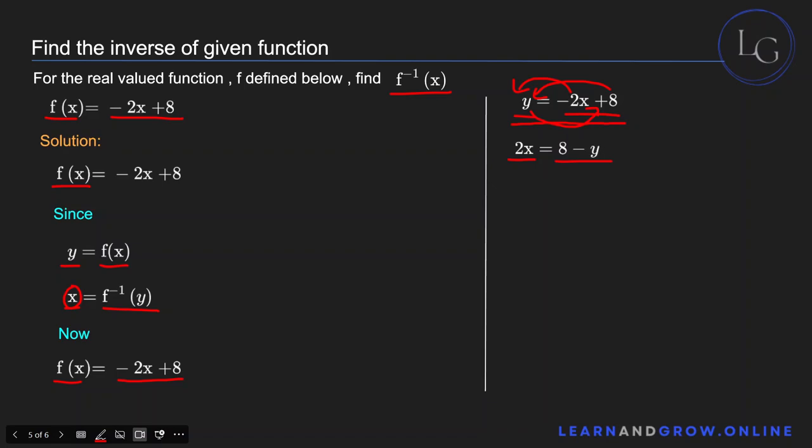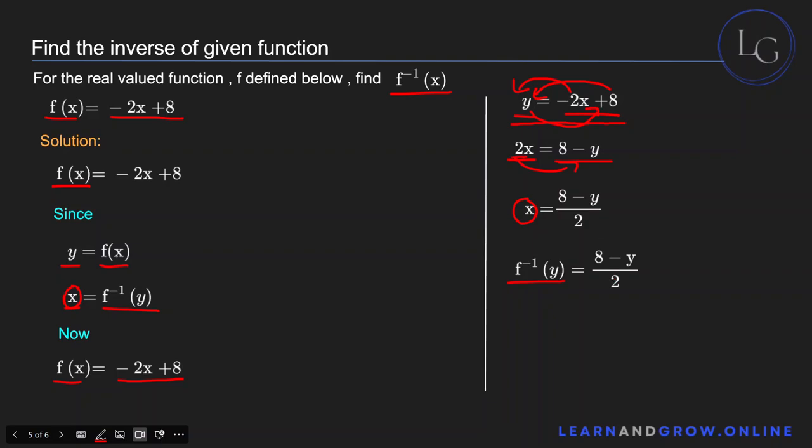So 2x is equal to 8 minus y, and then you take this 2 to the right hand side. So 8 minus y is now divided by 2. So now x is equal to 8 minus y divided by 2. Since x is equal to f inverse of y, replace this x with f inverse of y. So f inverse of y is equal to 8 minus y over 2, right?